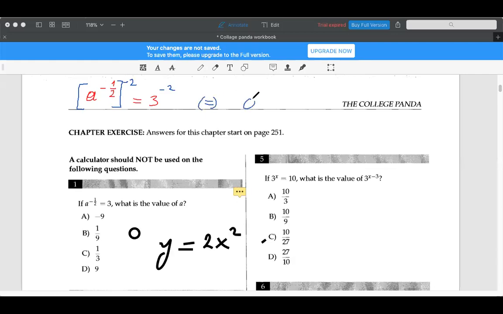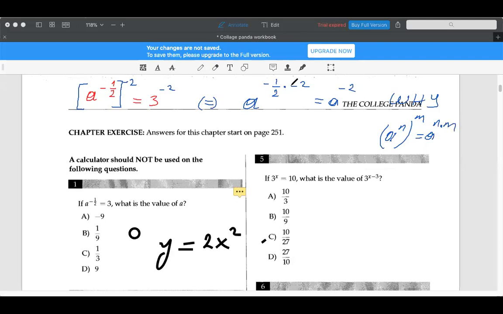It will be A to the power of negative 1 over 2 times negative 2, which is A to the power of negative 2. Why? We have this rule, A to the power of n to the power of m is equal to A to the power of n times m, power of power.